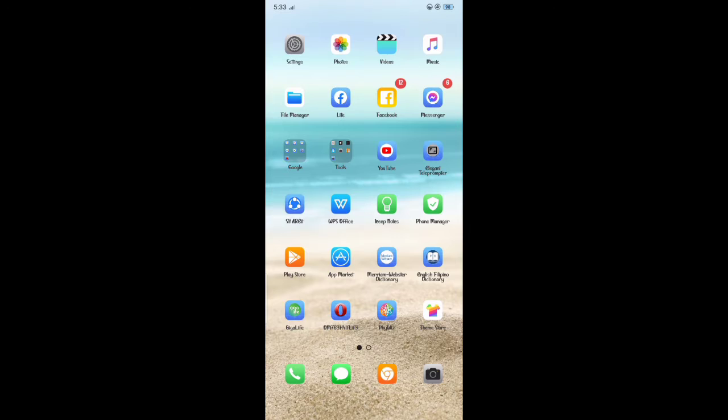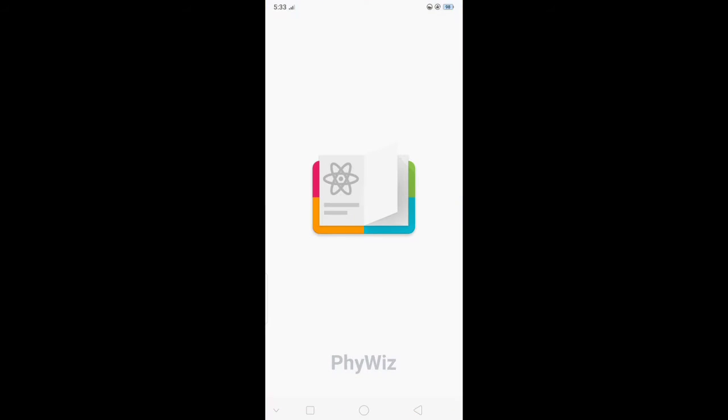So now let us start using Phywhiz to solve our physics problem easier. The first thing to do is to download Phywhiz if you haven't downloaded the app yet, and install. So here I already have Phywhiz, so let's open.